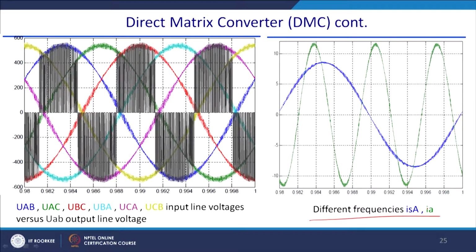All the small letters are essentially at the output side. So, the green one is your output voltage, but the frequency is increased, and this is the input side, and you can see the lower frequency. So, essentially it is stepping up the frequency of the converter.